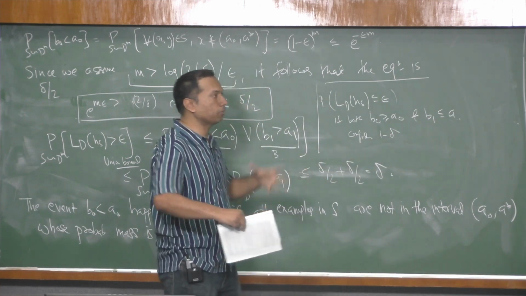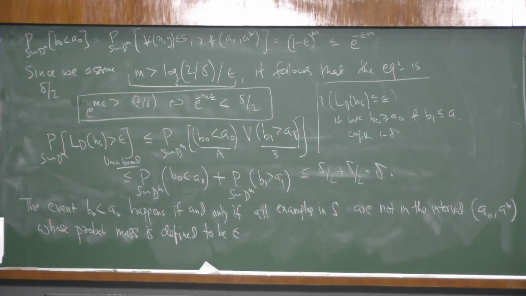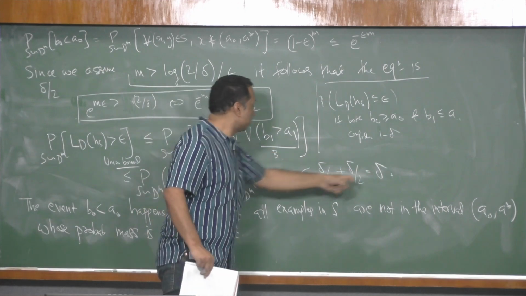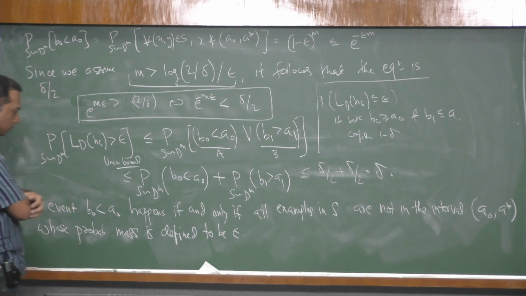The non-representative sample probability is small, then my confidence on the sample is 1 minus delta, which is very high. So these are two different ways to see the same thing, right? Both ways are fine.